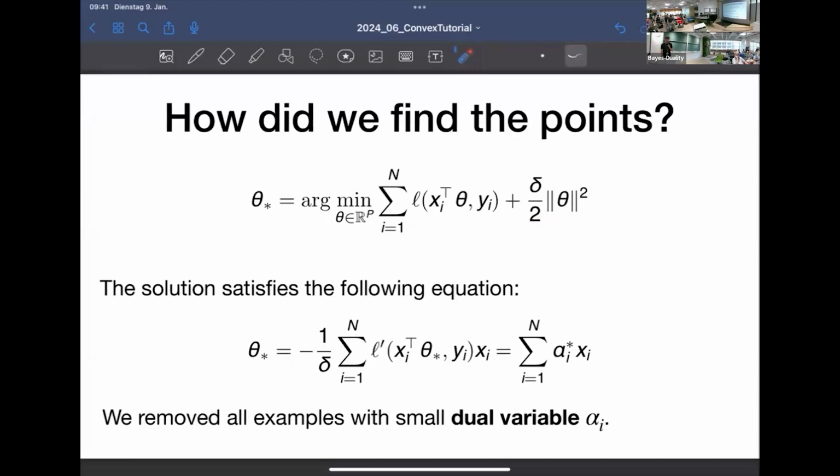You can study these things. I think if you also start removing alphas which are not completely 0, you can analyze the epsilon and so on. This should be very classical. Probably people did this 20 or 30 years ago for support vector machines.